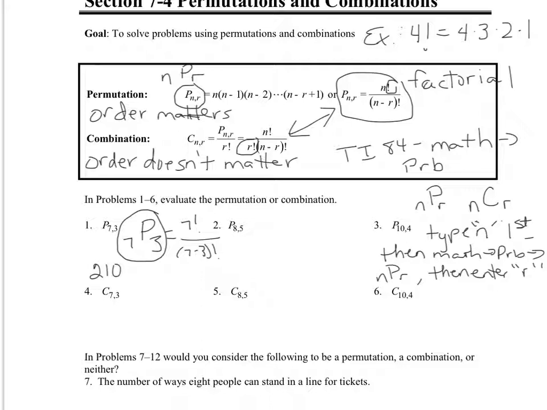Let's go to the next problem for a little more practice. So you can either use the formula, write it out manually, which would be 8 factorial divided by 8 minus 5 factorial.